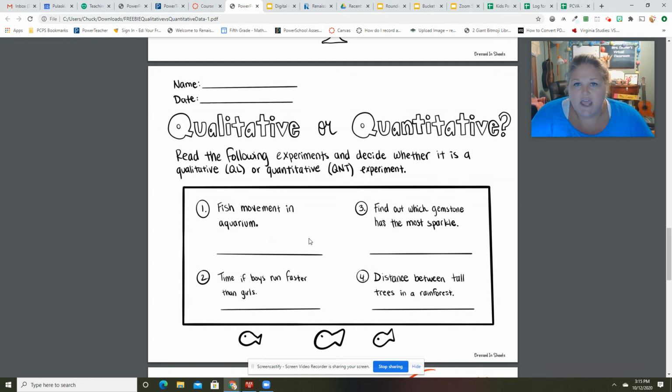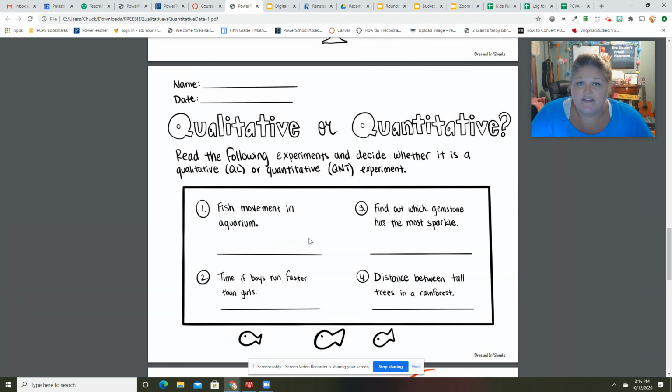Number 2, time if boys run faster than girls. Is that quantitative or qualitative? That's going to be quantitative because time is a number. So that is quantitative. Number 3, find out which gemstone has the most sparkle. That's going to be qualitative because you're talking about how something looks. And then number 4, the distance between tall trees in a rainforest.